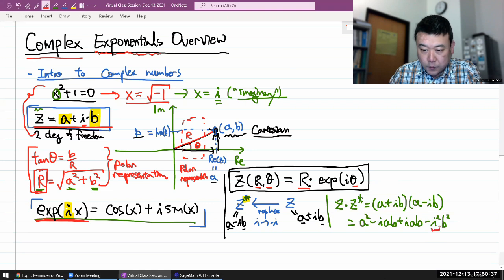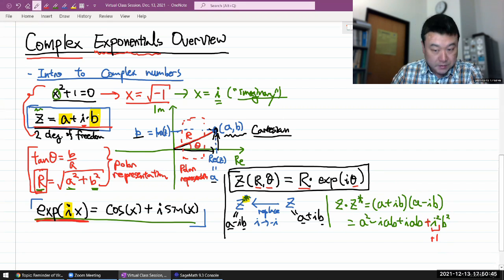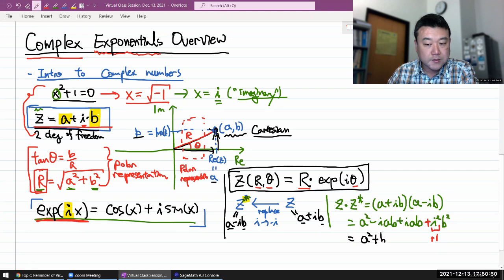Now, this i squared is equal to -1. So I can cancel this minus with this to get plus b squared. So when you do this calculation, you get a squared plus b squared, which should be equal to r squared.